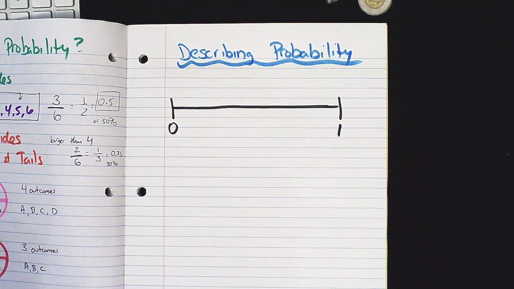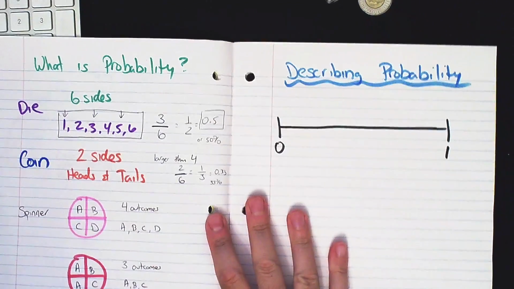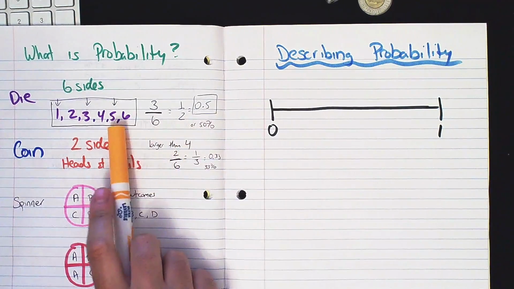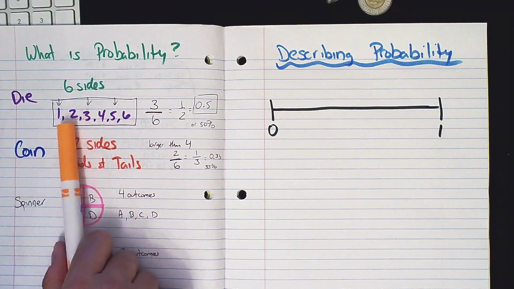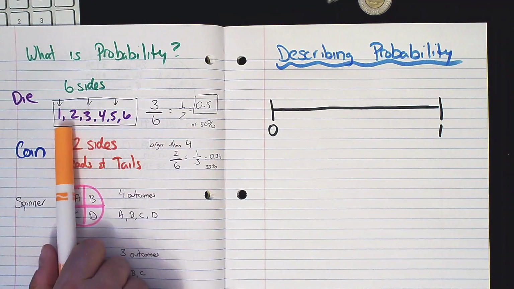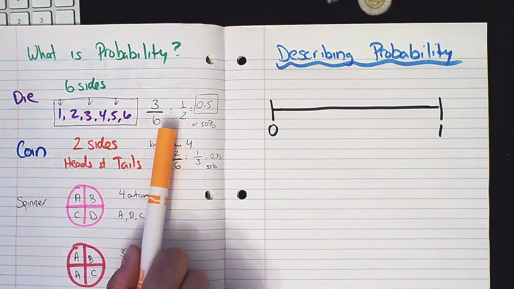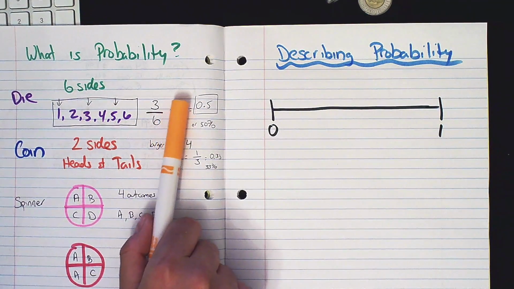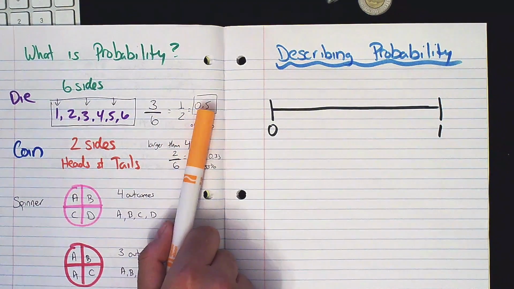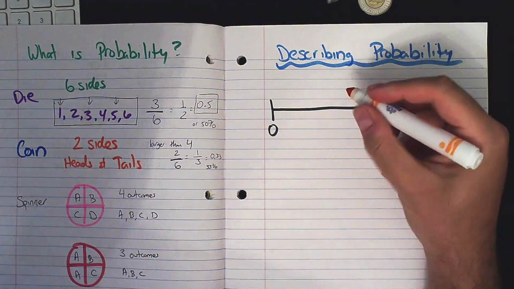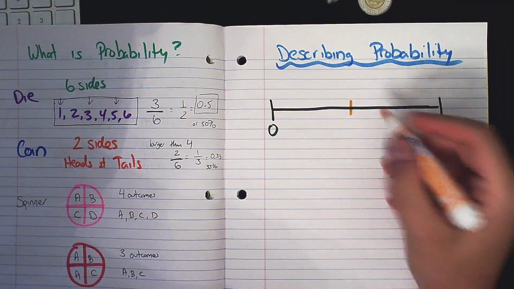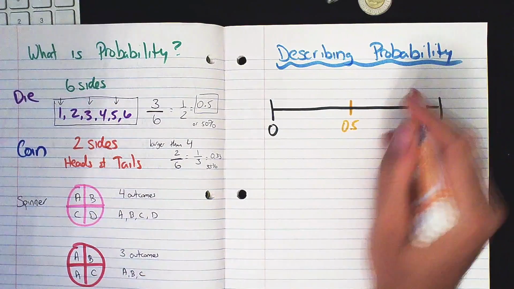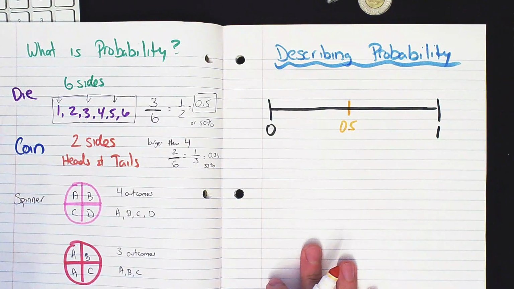If we go back to the previous video, I mentioned that in order to roll a number that is odd, you had a 3 out of 6 chance, which meant 1 over 2, which meant 0.5. So we would label that right in the middle here. This is approximately the middle, 0.5.